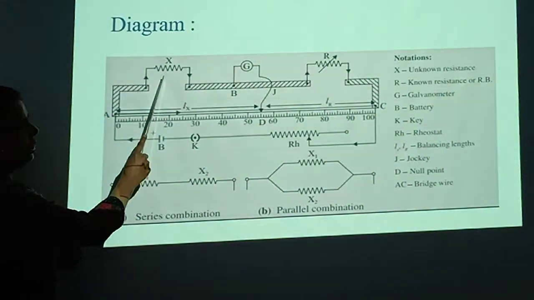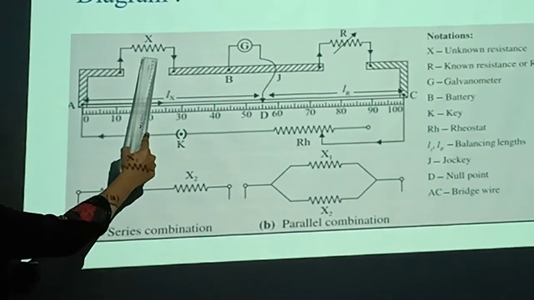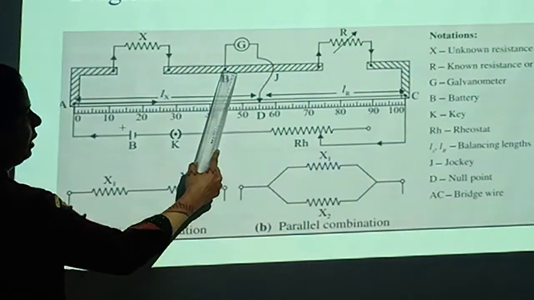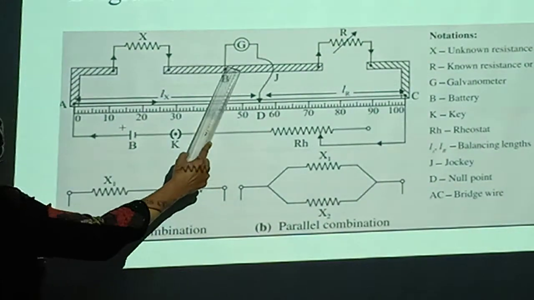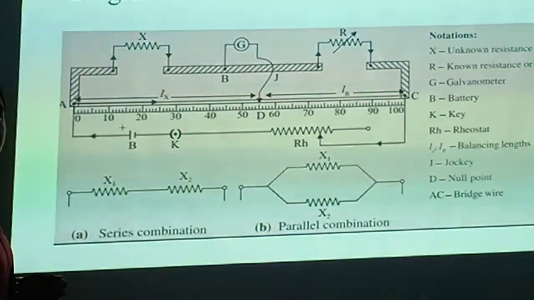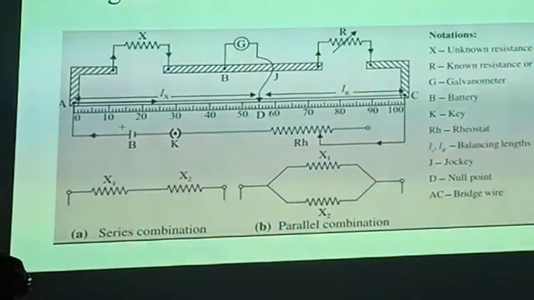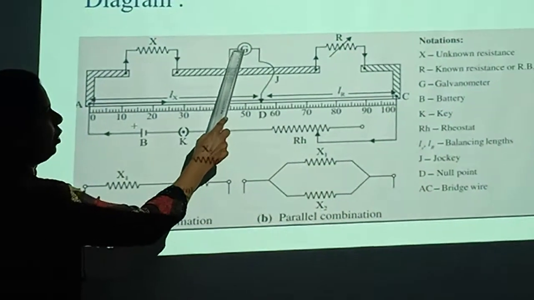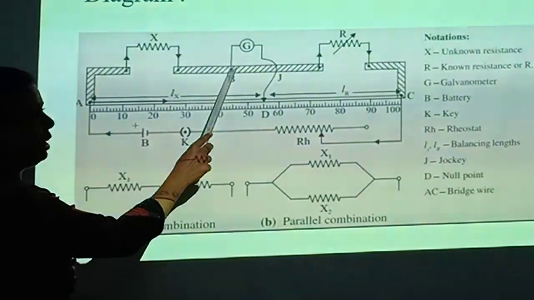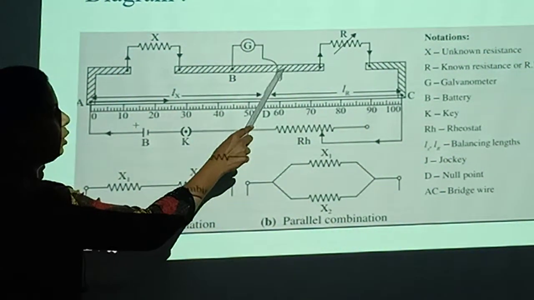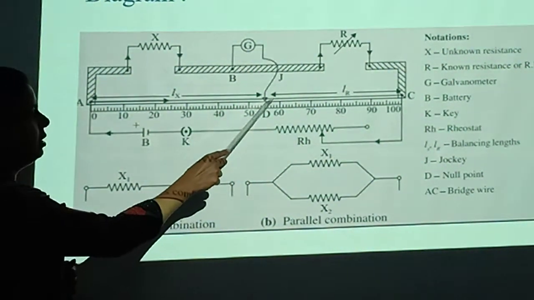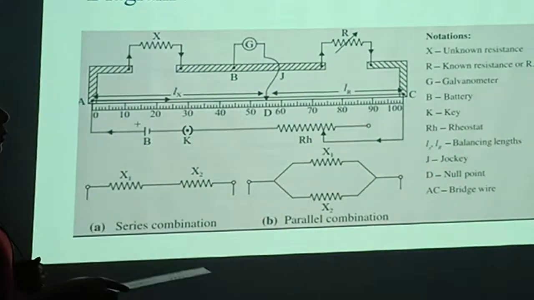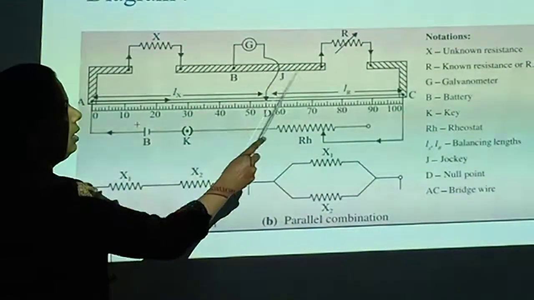X means unknown resistance; here we have connected the unknown resistance. Now go to this point, B. B is the center point. The galvanometer should be connected with point B. One end of the galvanometer is connected here and the other end should be connected to the jockey stick. This is the jockey stick. I'll explain later what these instruments are, because they are new for you.